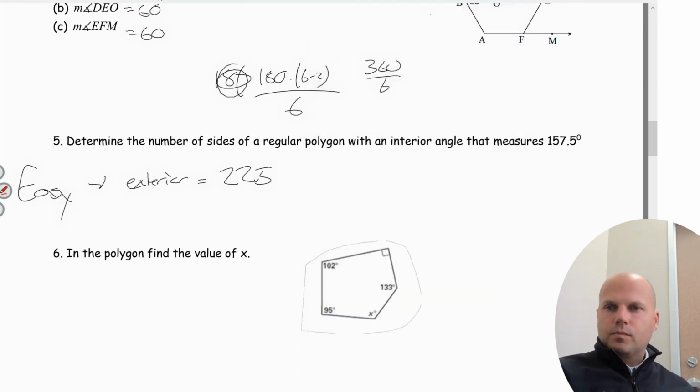Cool. Well, the sides times the exterior angle has to equal 360.